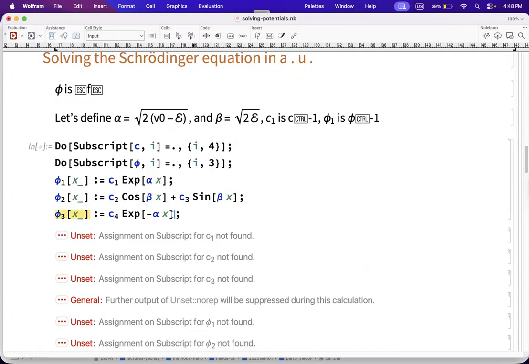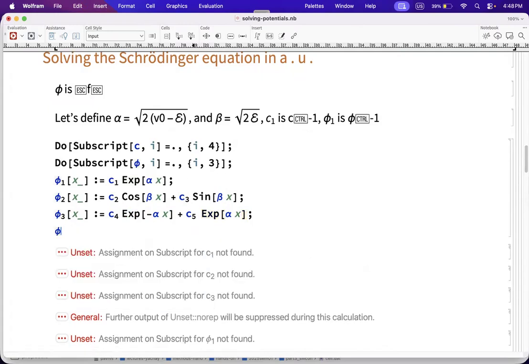Phi 3 will be this plus C5, look at this, multiplied by the exponent of positive alpha x. You see how it starts to go very quickly? Phi 4 of x has to be the same as phi 3, sorry, as phi 2, with different constants.